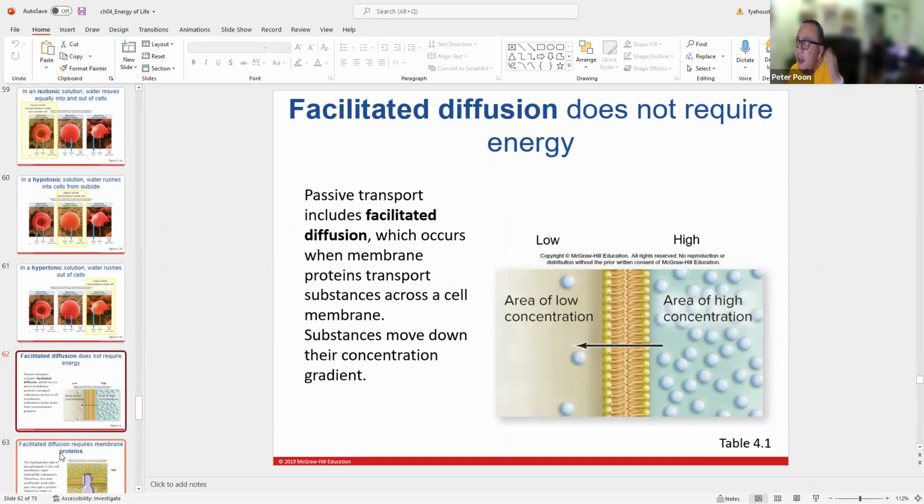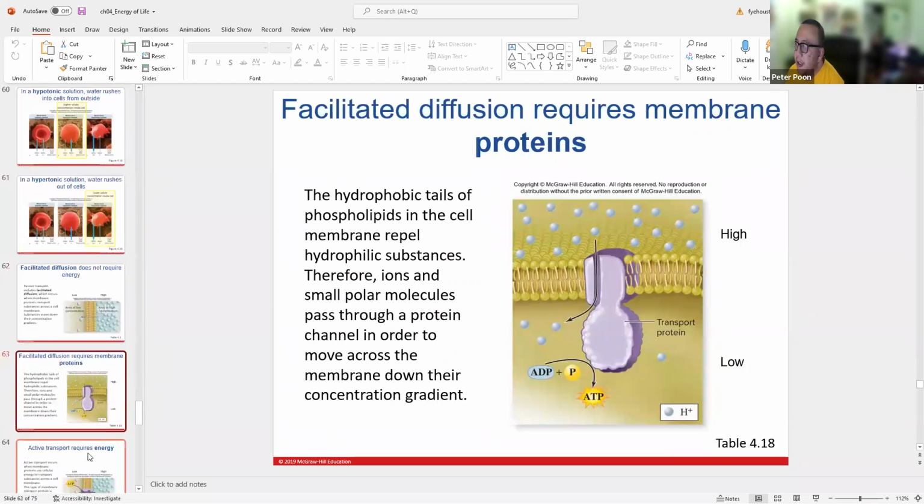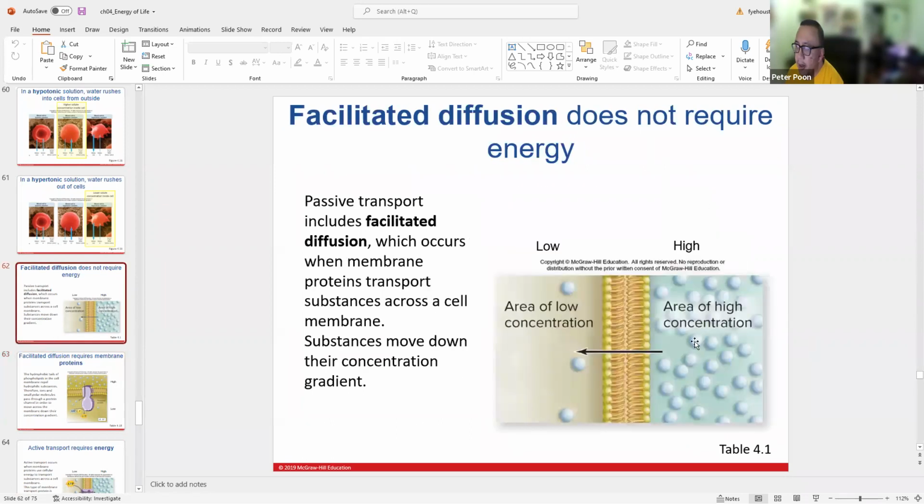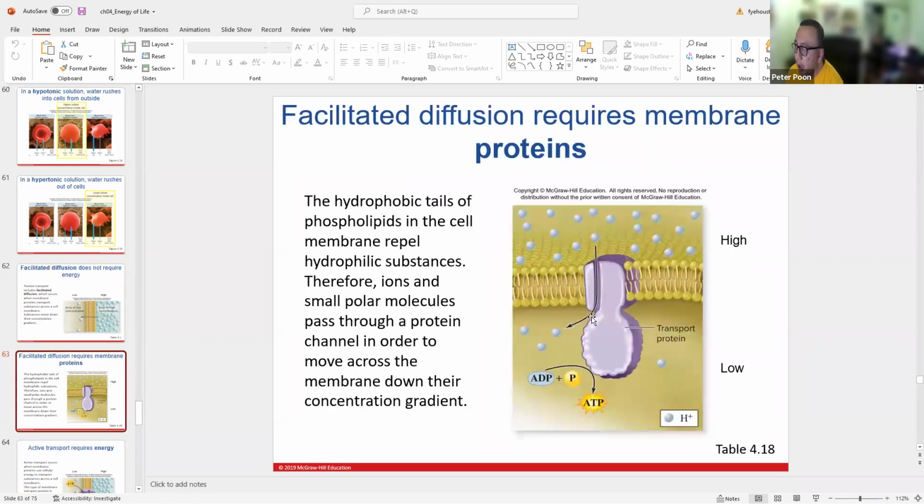Okay, facilitated diffusion does not require energy. This is facilitated diffusion. You go from an area of high concentration to low concentration, but you don't go directly through the membrane, you go through a hole.